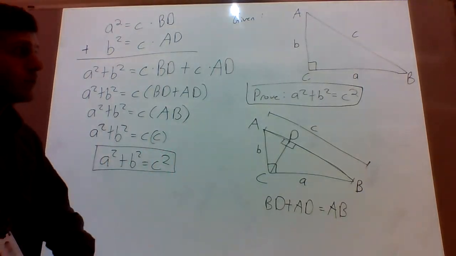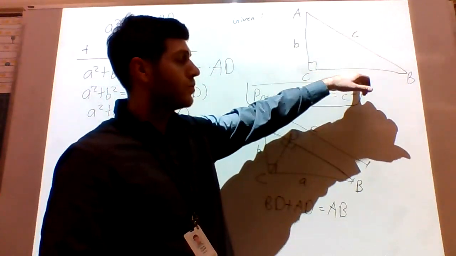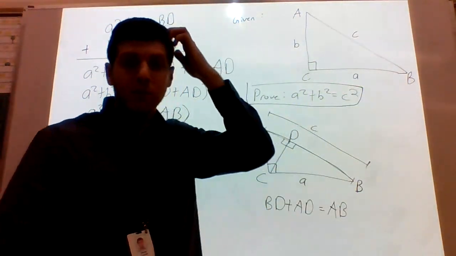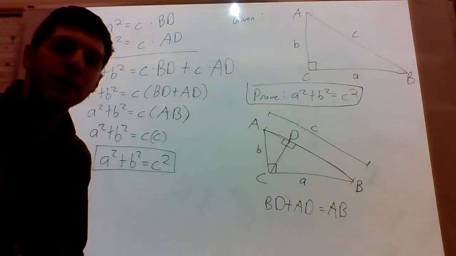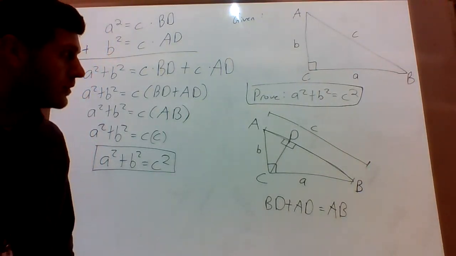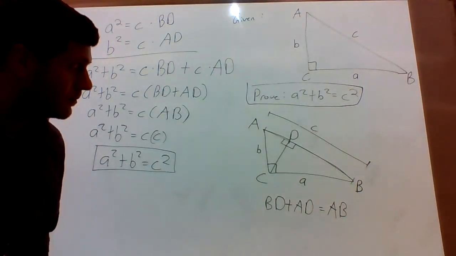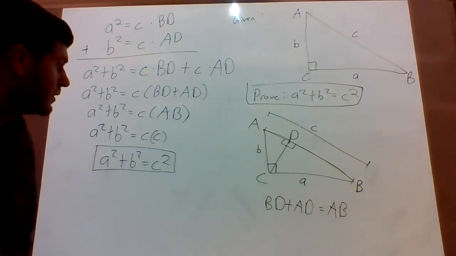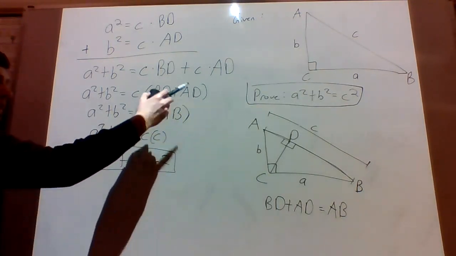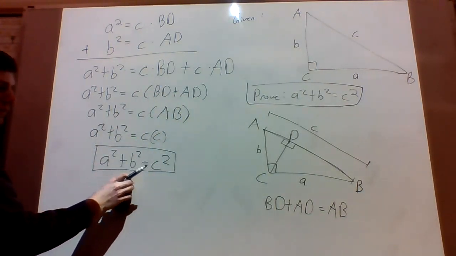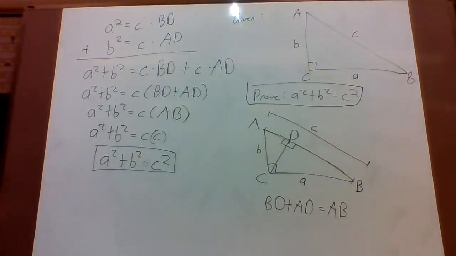So for any right triangle, it doesn't matter what values you have for a, b, and c, what numbers you put in there, as long as they are valid numbers for a right triangle, we know the two legs squared and added together is going to equal the hypotenuse squared.